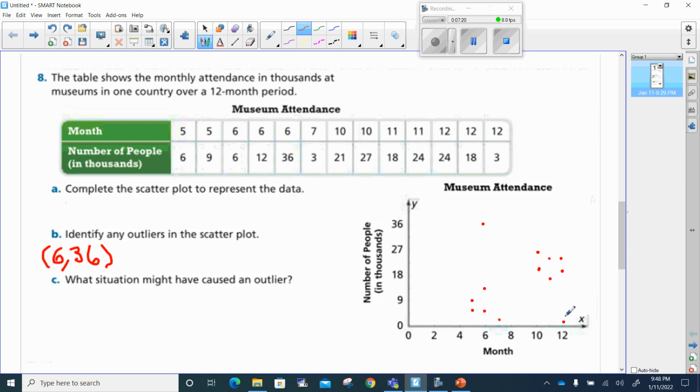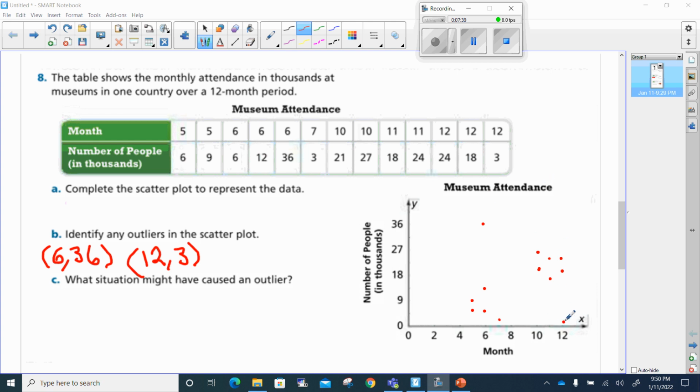I might even go with this one, 12 and 3.